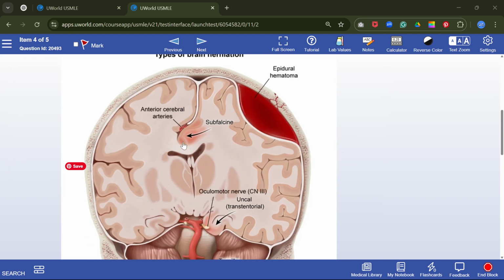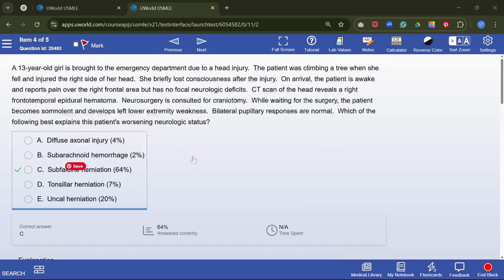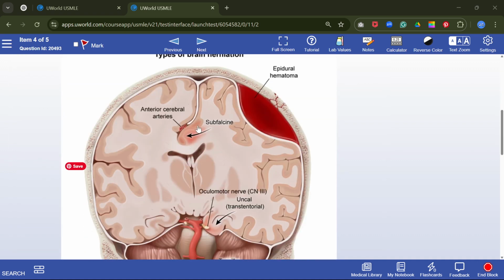This is subfalcine herniation. This is the anterior cerebral artery. When subfalcine herniation happens, the ACA gets compressed. That's why with right ACA compression, left-sided weakness happens.